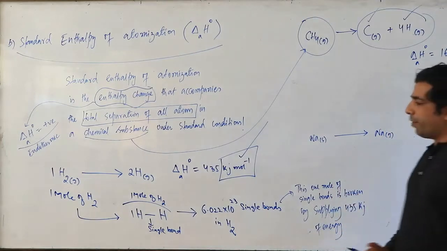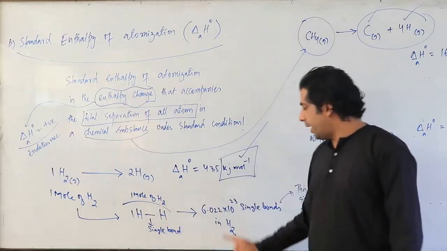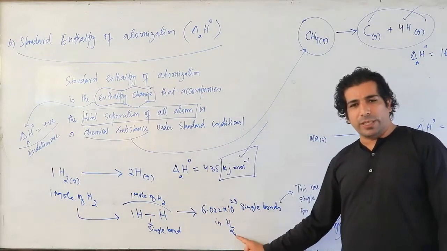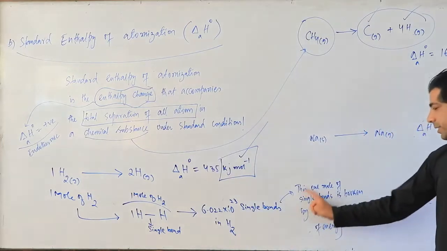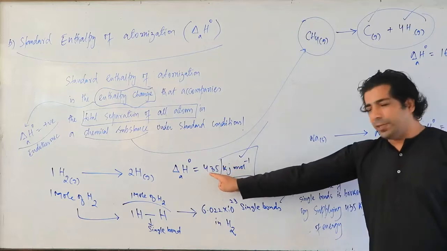So my dear friends, we have 1 mole of H2. 1 mole of H2 contains how many single bonds? 6.022 into 10 raised to power 23 single bonds. Now this 1 mole of single bonds is broken by supplying this much energy.